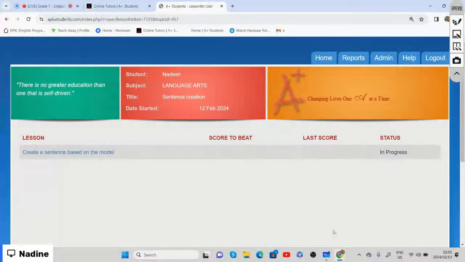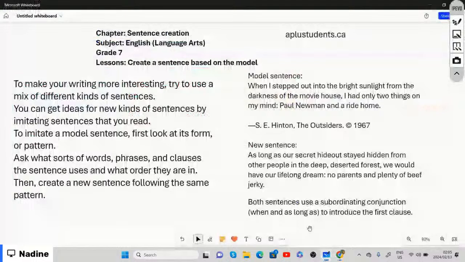So we're doing our chapter of sentence creations, English language arts, grade 7.